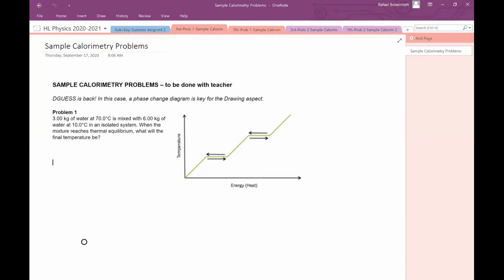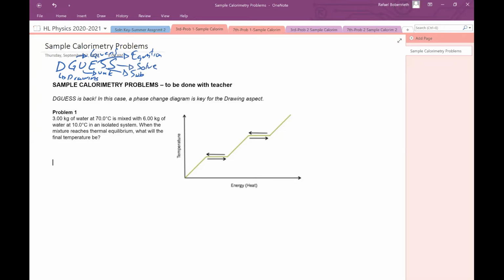And remember, D-GAS stands for the problem-solving method that I strongly recommend you use. The D is drawing, the G is givens, the U is unknowns, the E is equation, S is substitute, and S is solve.